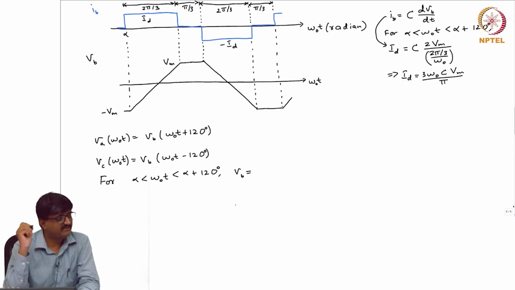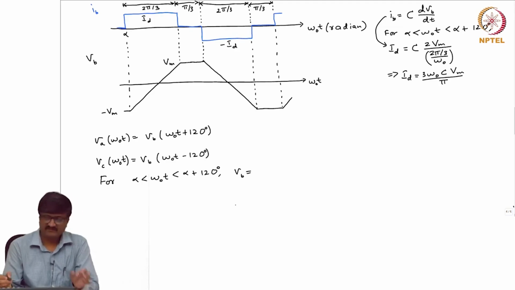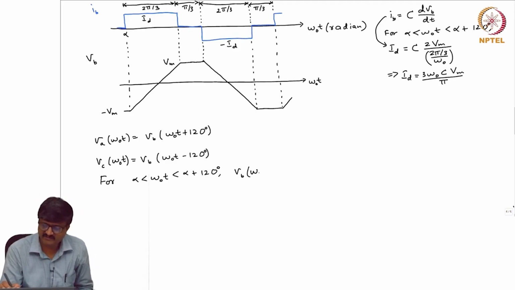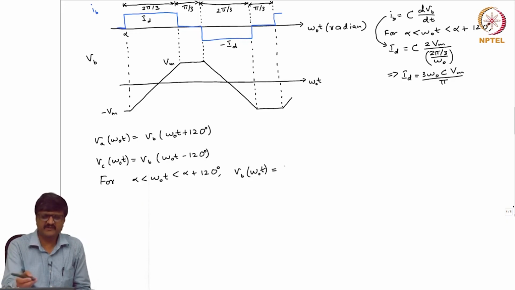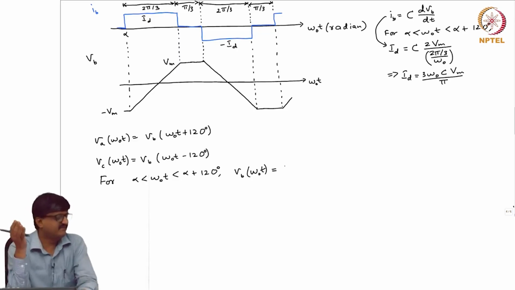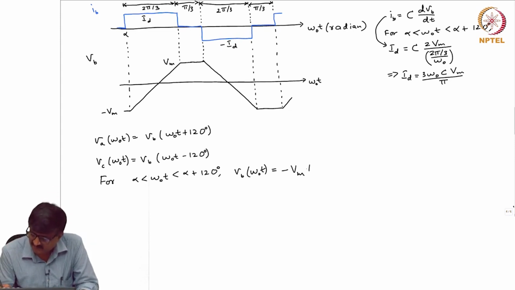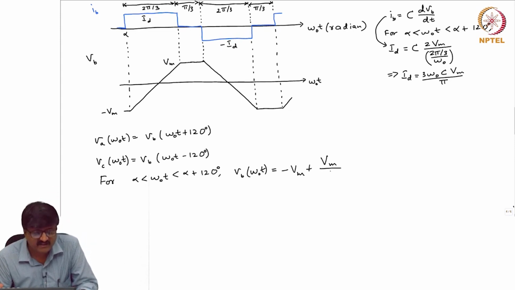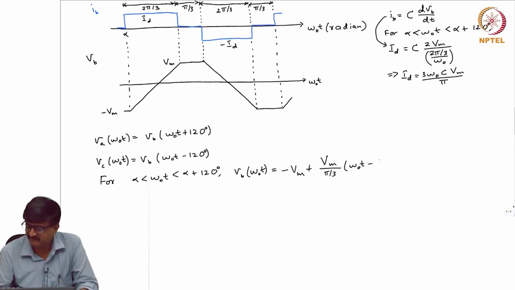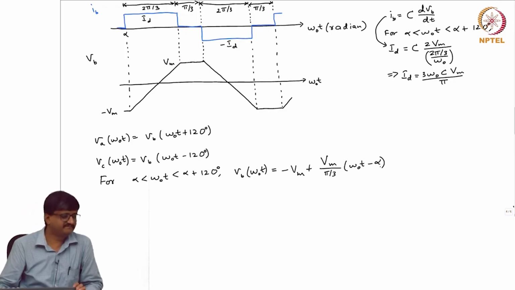I want it as a function of omega ot. It is easier to write it in terms of Vm instead of ID. So it is minus Vm plus Vm by pi by 3 times omega t minus alpha. That is the equation of the straight line.